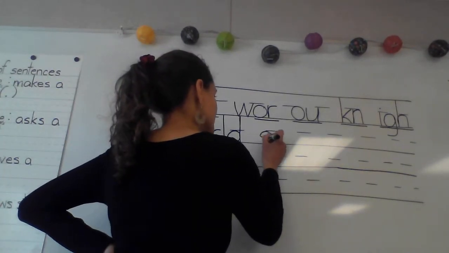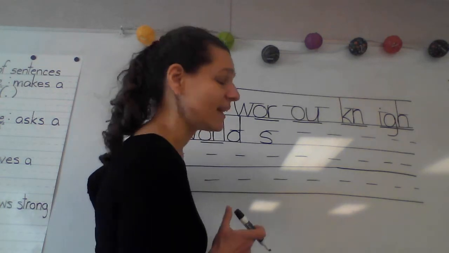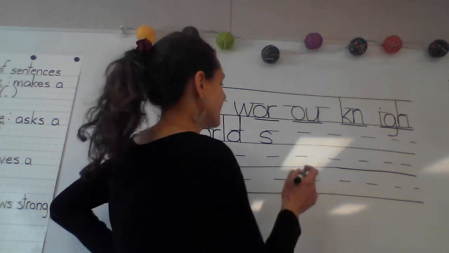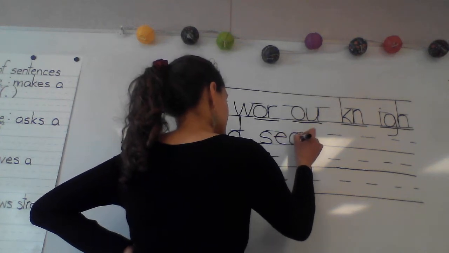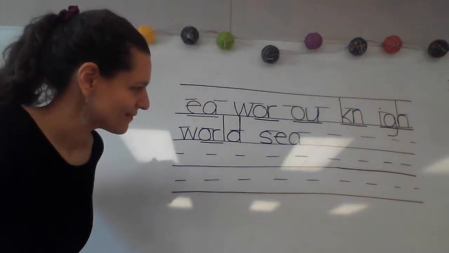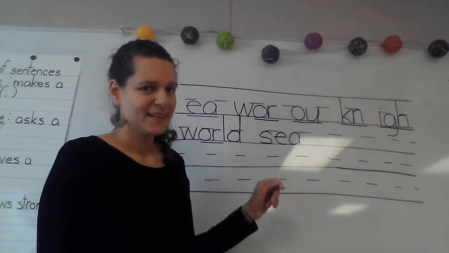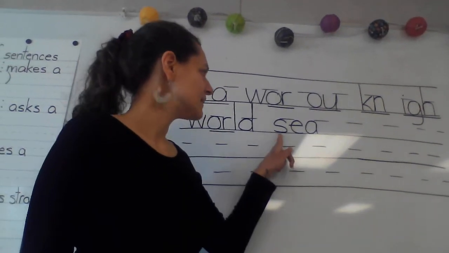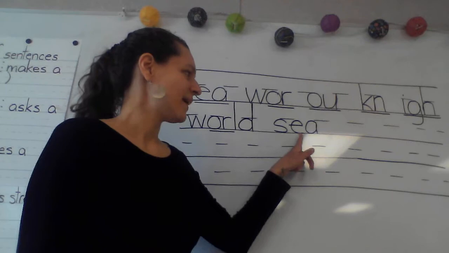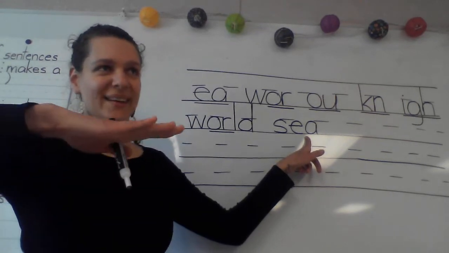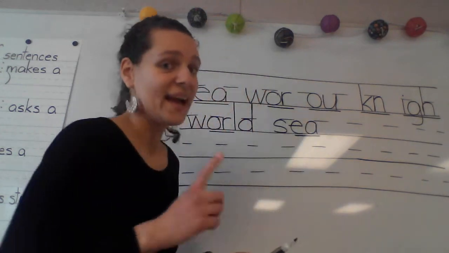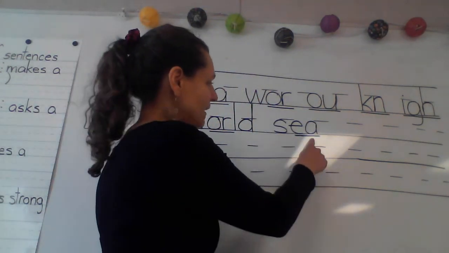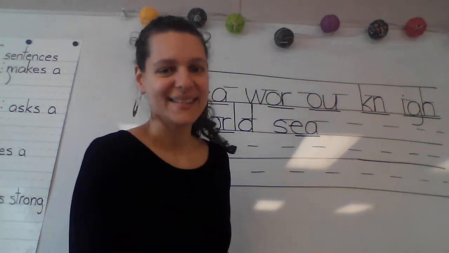S. And the next one? Good. E. Which E? Good. E, A. All right. Does this need a marking? How about this one? Good. Pick up your pencil and mark it. And let's read our word. Good. Sea.